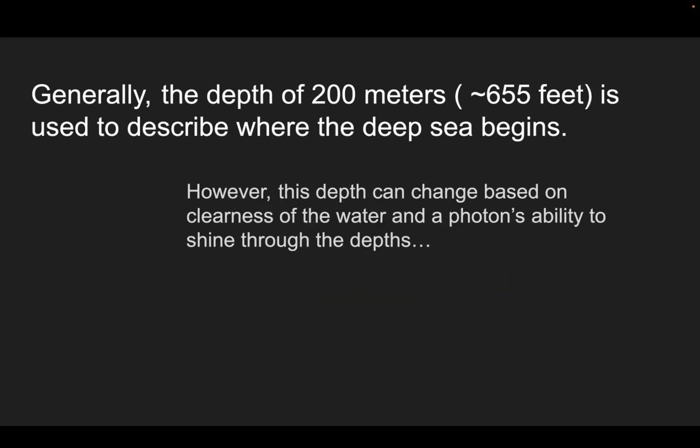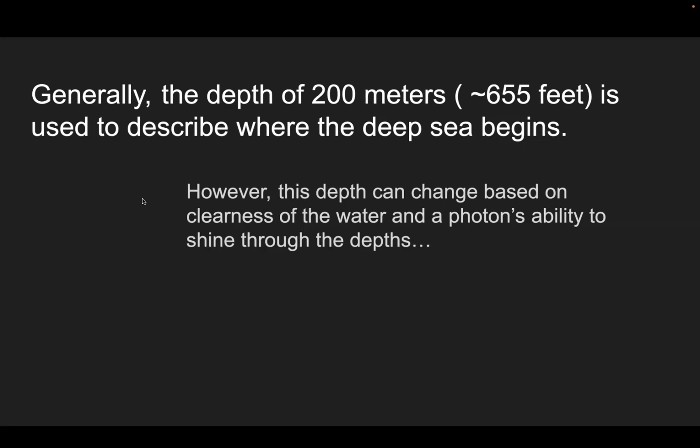Generally, the depth of about 200 meters or 655 feet is used to describe where the deep sea begins. However, this depth can change based on clearness of the water and a photon's ability to shine through the depths.